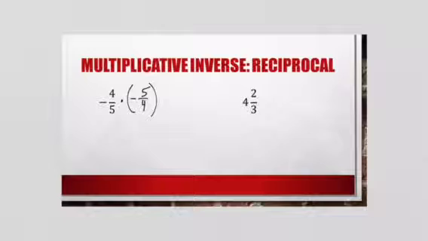So if we multiply negative 4/5 times negative 5/4, if you want to do some factoring out, you can do that. Or you could just multiply it and get negative 20 over 20. In this case, we have a negative times a negative, so our answer is positive, and it's going to be positive 1.